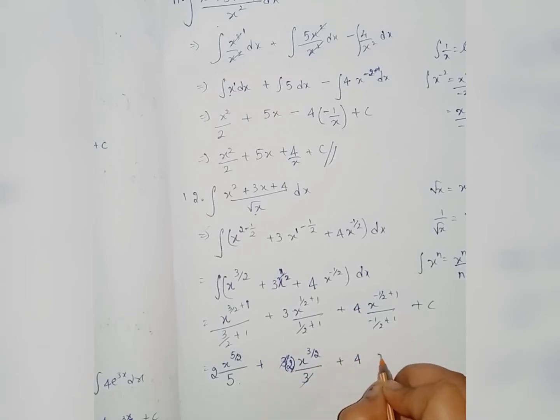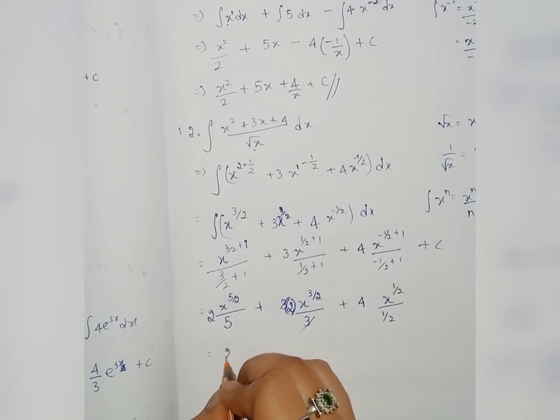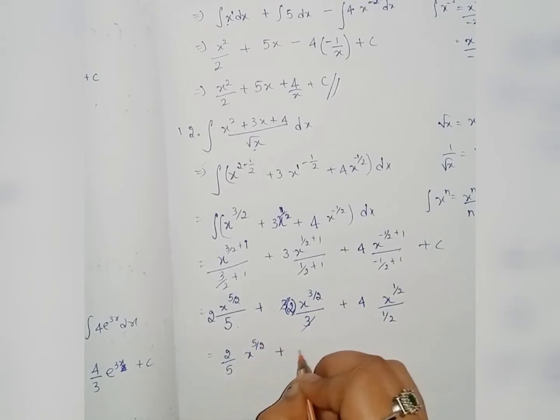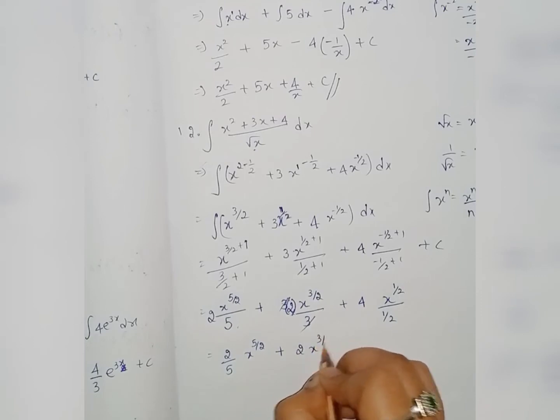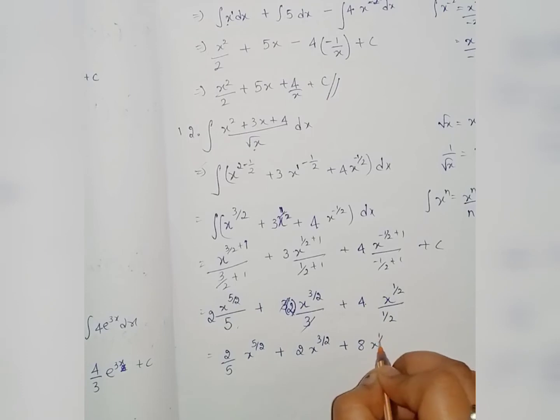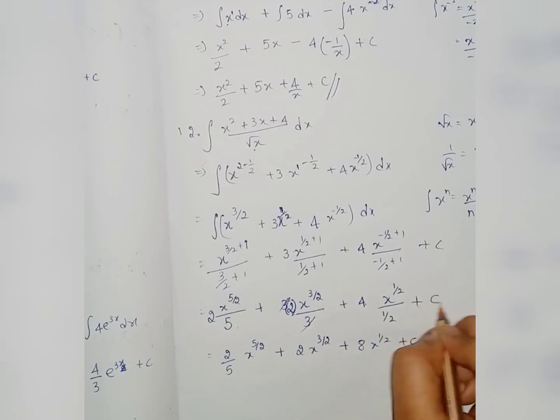And 4 x to the power half by 1 by 2, 2 goes to the numerator. So we can write it as 2 by 5 x to the power 5 by 2 plus 2x power 3 by 2 plus 4 twos are 8 x to the power half plus c.